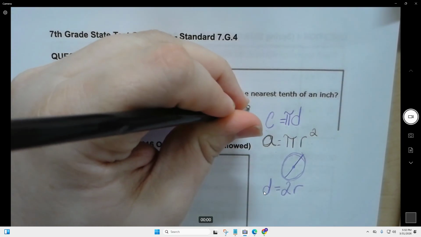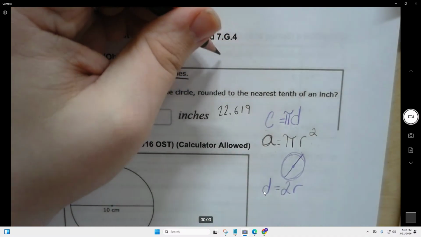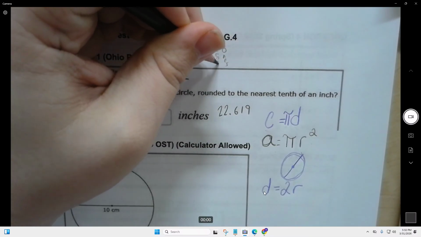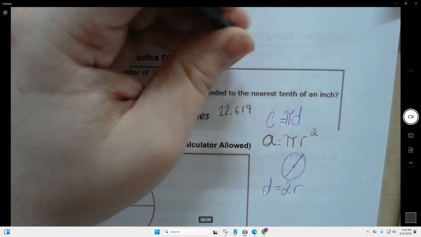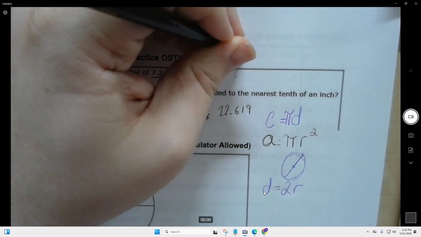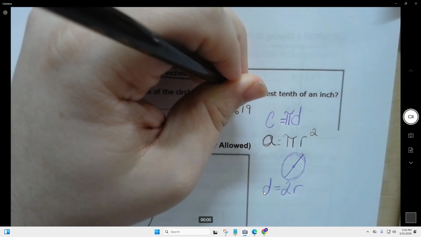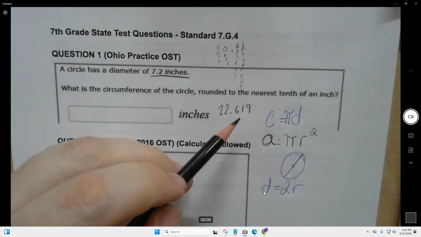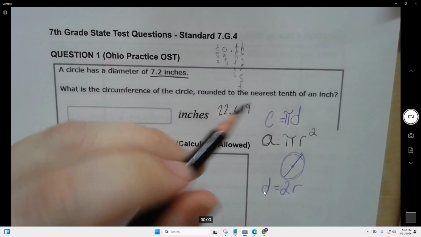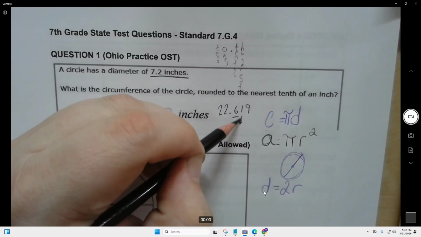22.619. Then you need to round it to the nearest tenth. Remember where your tenth place is. You have your ones, your tens, the decimal point, the tenths, and the hundredths. We're rounding to the nearest tenth, so the first number after the decimal point. This number will either go up or down based on the number to its right.